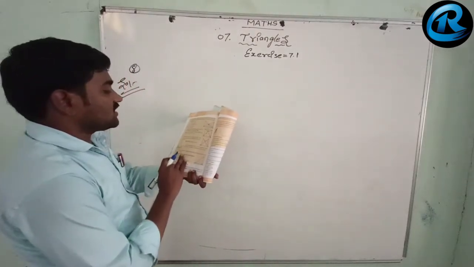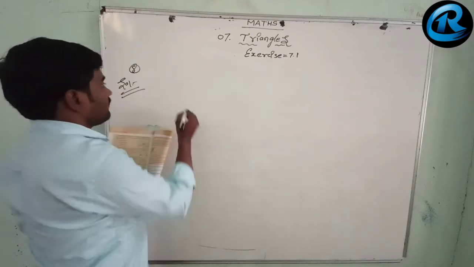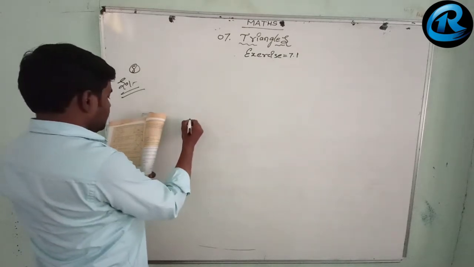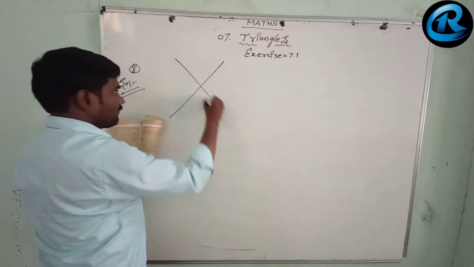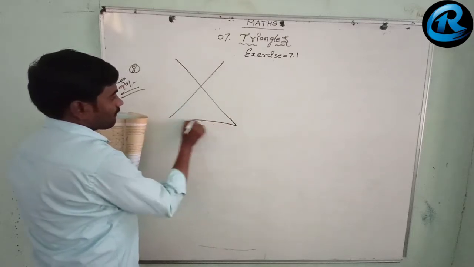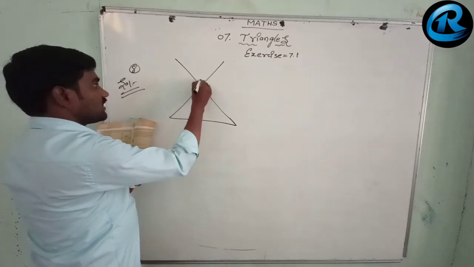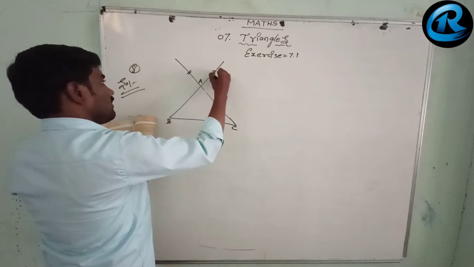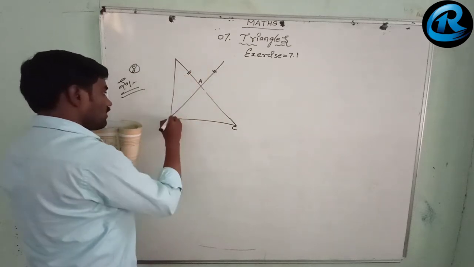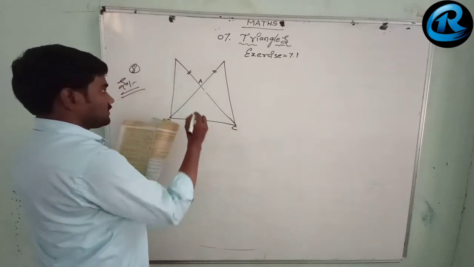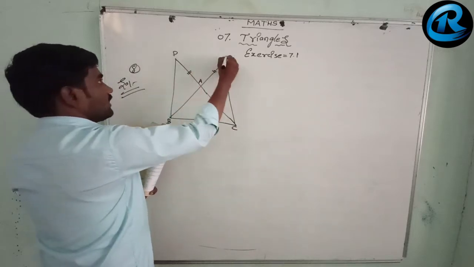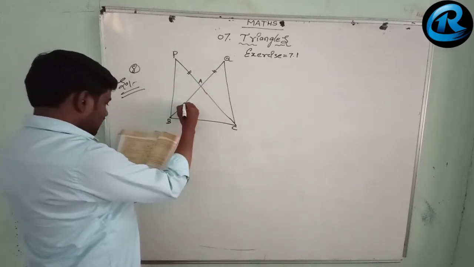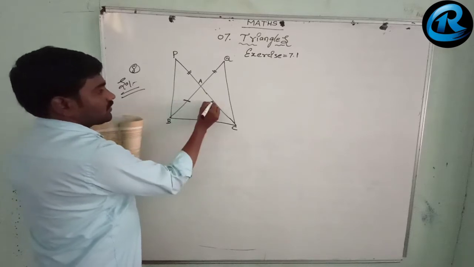In the adjacent figure, ABC is an isosceles triangle. So we have to draw the triangle first. Let me draw a triangle. Now here it is A, B, C, and now P and Q. So here AP is equal to AQ, and it is an isosceles triangle where AB is equal to AC.